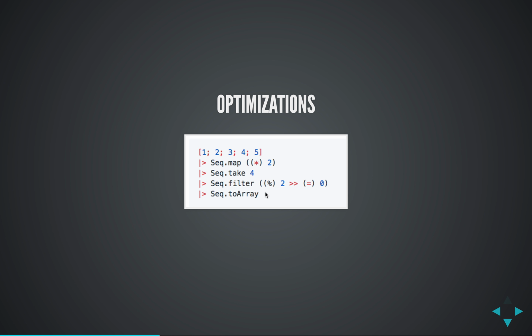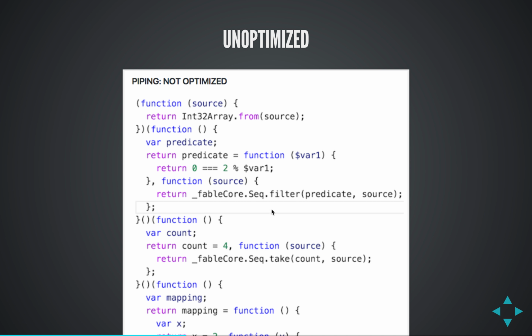If we do a naive translation, we could end up with something like this, which up here is importing the Fable library, and then after that it's kind of continuation passing style with all these big functions, but really all the work gets done by the library, like that Int32Array.from, or that call to Seq.filter or Seq.take.